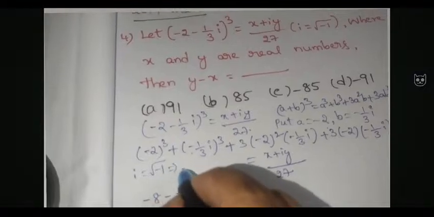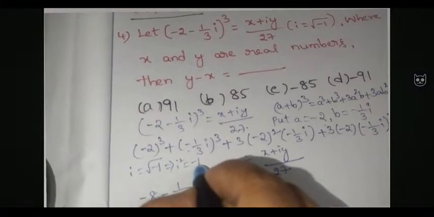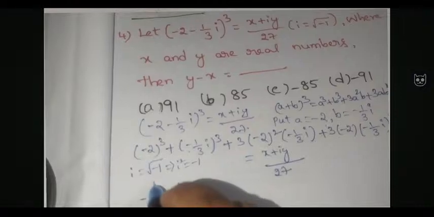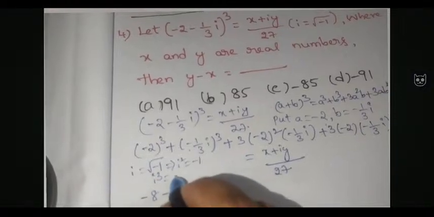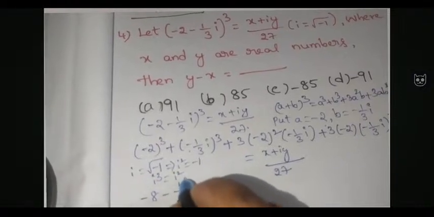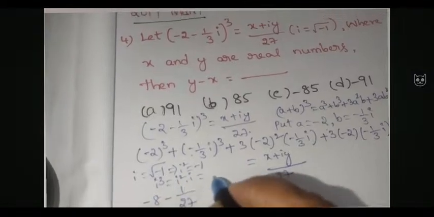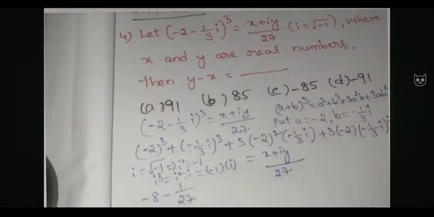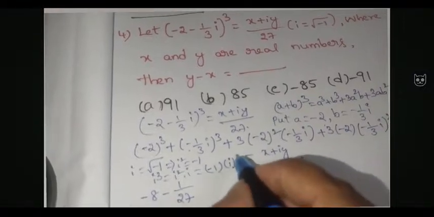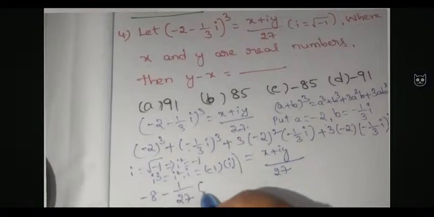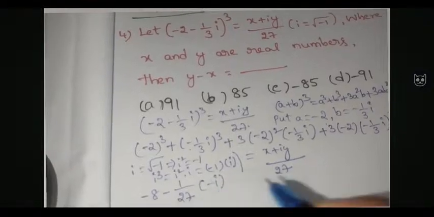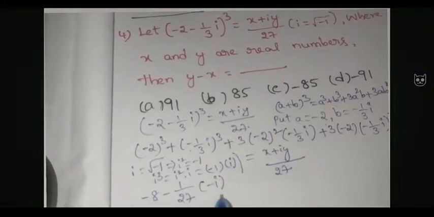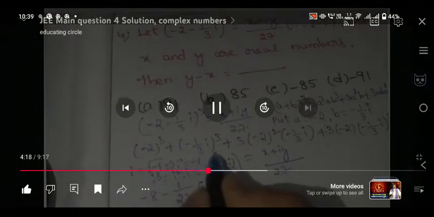From this, i square is minus 1. Then i cube is i square into i, which is minus 1 into i, that is minus i. So the value of i cube is minus i.